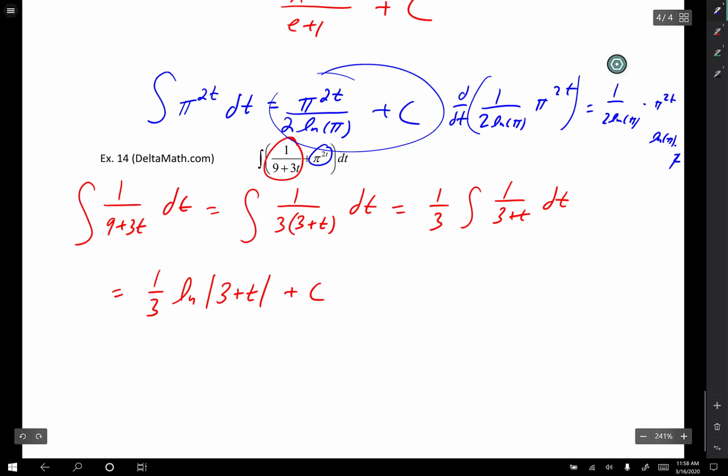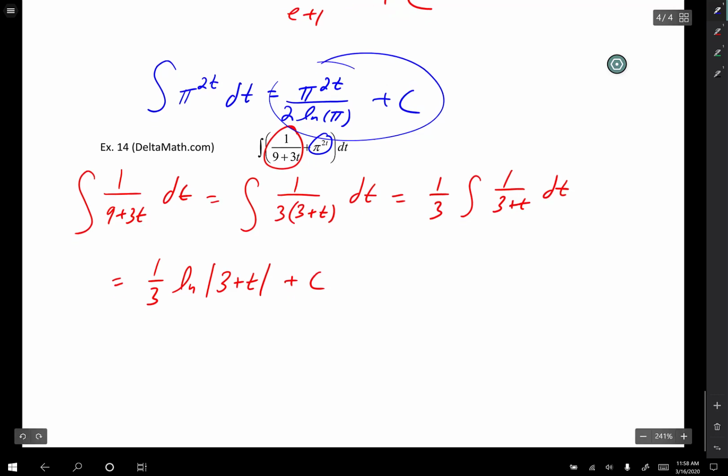Yep, the 2 cancels out with this 2, and the ln of pi cancels out with that ln of pi. Sorry guys, I ran out of real estate, but yeah, it works. Sorry if I confused you, I hope I didn't. Please, please, please look at your notes on how to take the derivative of exponentials.